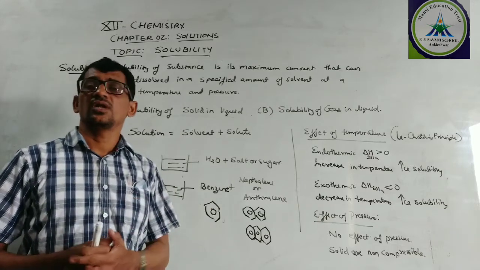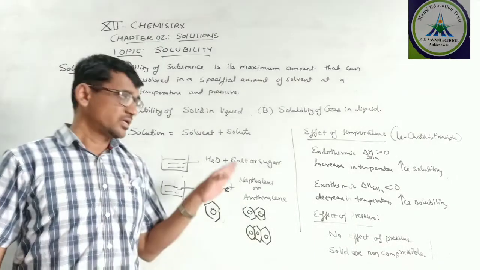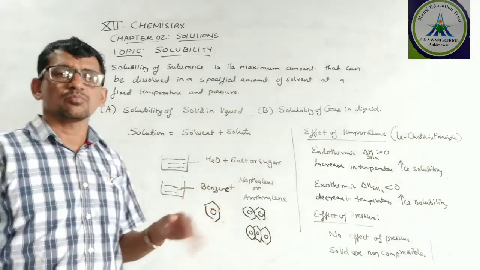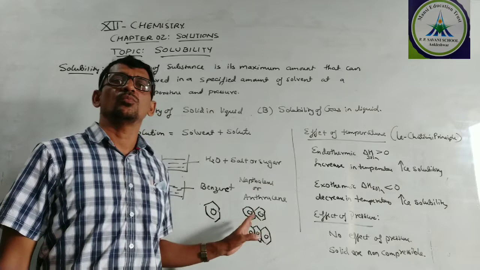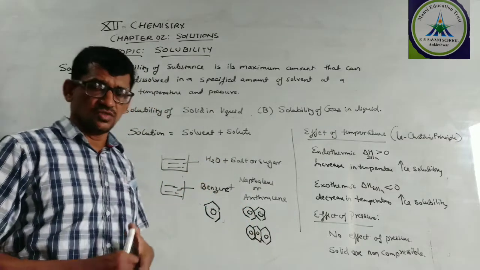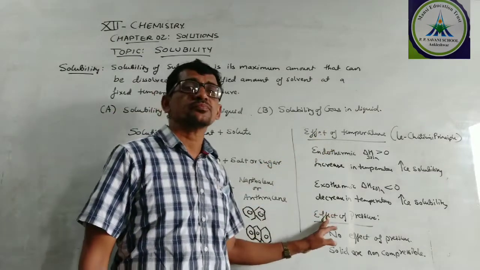So like dissolves like: organic compounds dissolve in organic solvents and inorganic compounds in inorganic solvents. Polar in polar and non-polar in non-polar. Two other factors affect solubility: temperature and pressure.